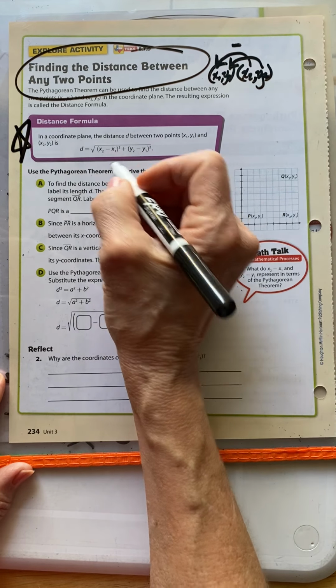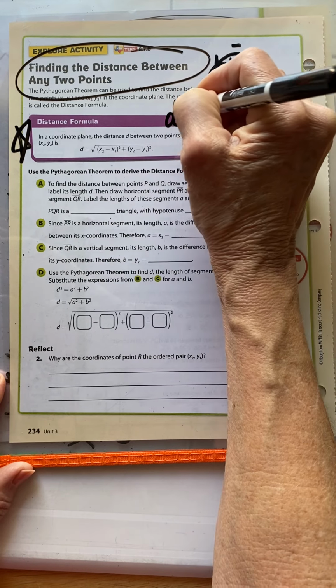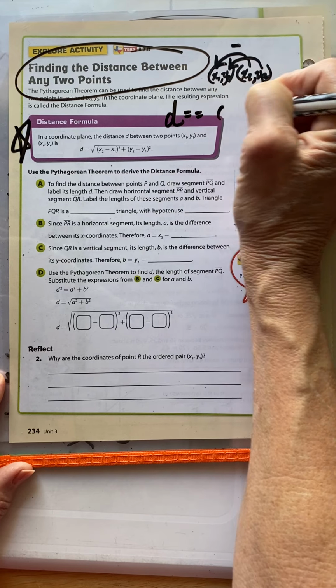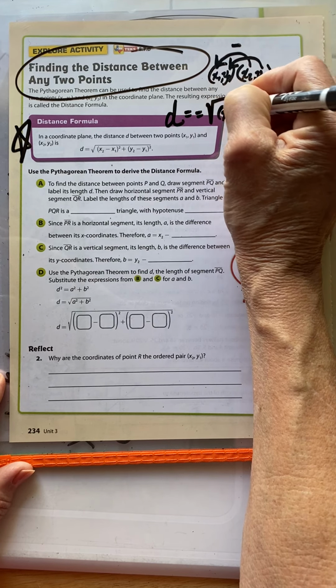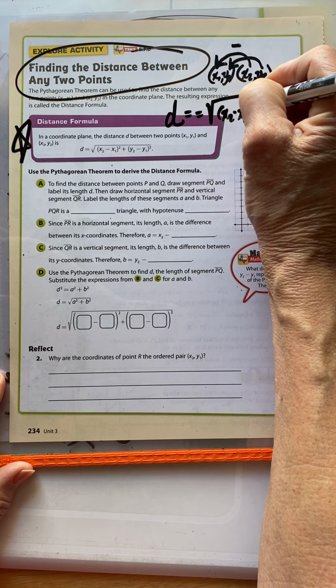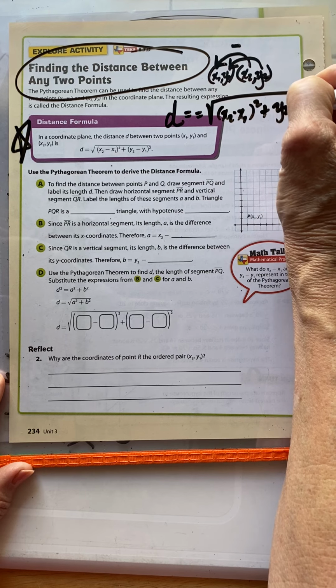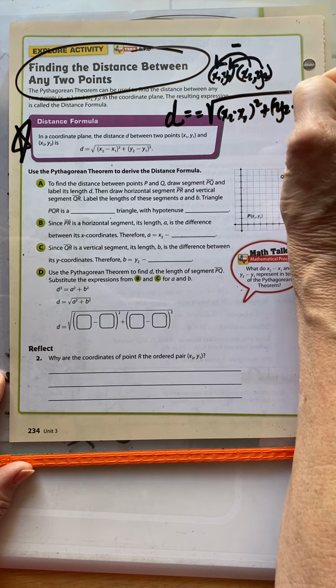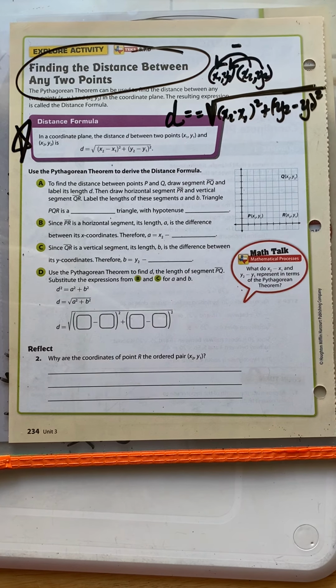So add those up and then take the square root of it. So we need to get very good at remembering the square root of x2 minus x1 squared plus y2 minus y1 squared. And then take the whole square root of it. That's very, very good. So that's what we'll be doing in this lesson.